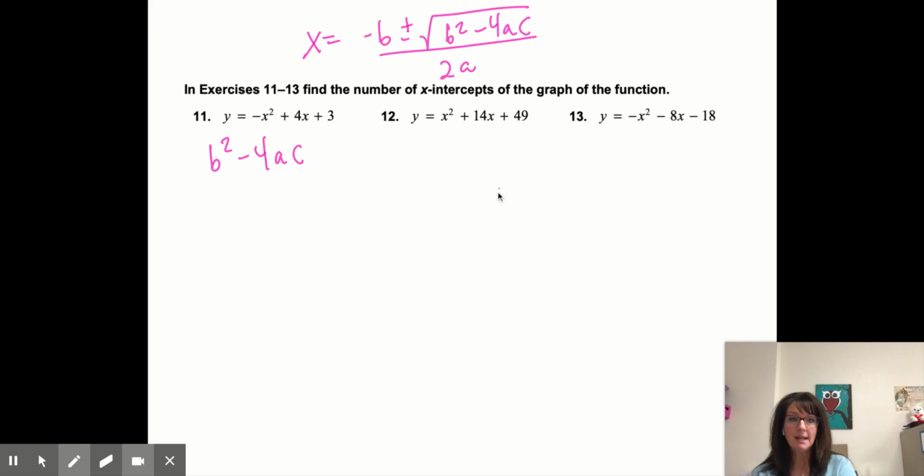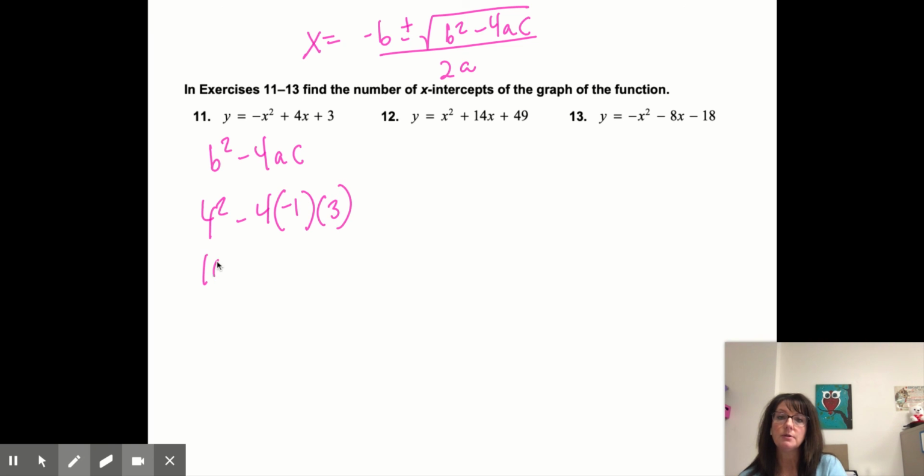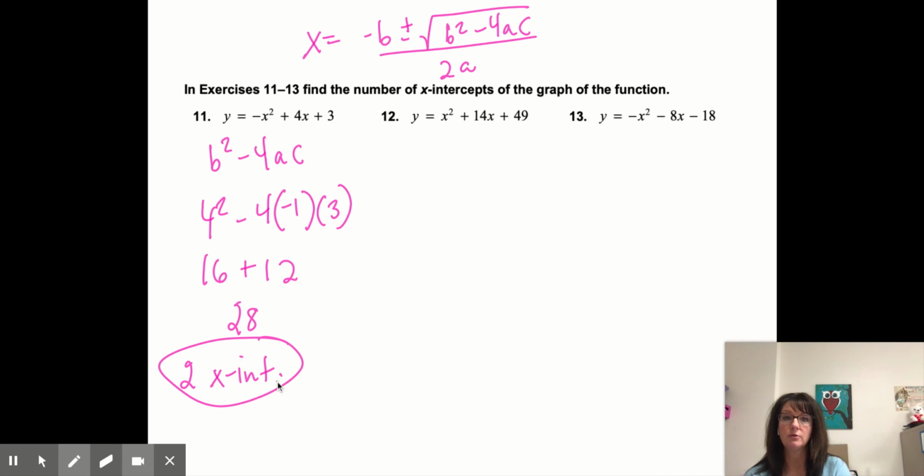And so if you're just asked to tell how many solutions or how many x-intercepts you're going to have, you could just work with that discriminant underneath the radical. So here, 4 squared minus 4 times negative 1 times 3. So 16 plus 12 gives you 28. And we know that we're going to have 2 x-intercepts, right? 2 real solutions, 2 x-intercepts, and so forth.